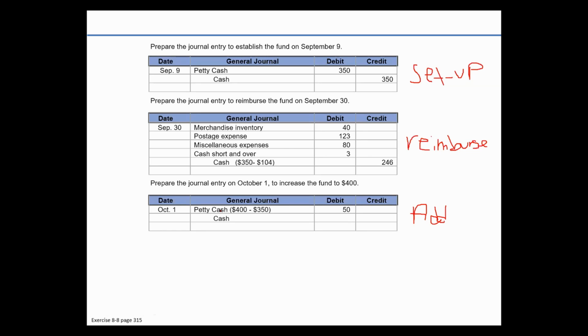So we know that to go from 350 to 400, that's a $50 increase. So on October the 1st, we will debit petty cash 50 because we're increasing, and then we'll credit cash 50. All right. So that's that one.